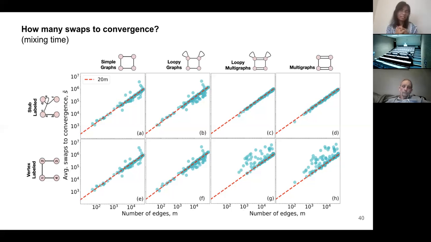But here we see it's more like linear in terms of m, the number of edges. And so that is why we believe that these results can be of helpful insights to the people who are trying to get an idea of what the geometry of the graph space is and what the mixing time of this Markov chain is.